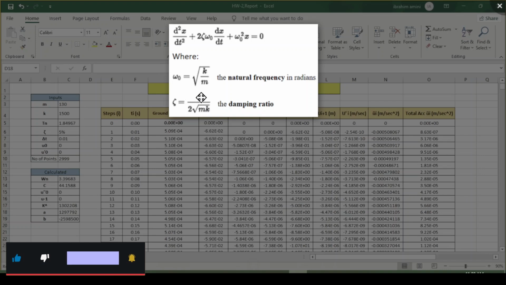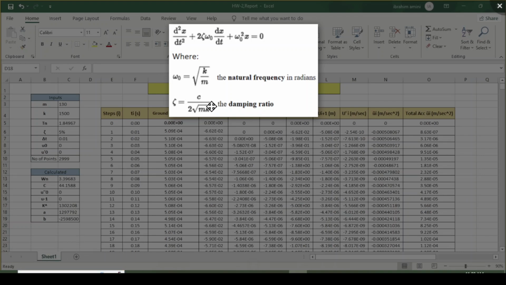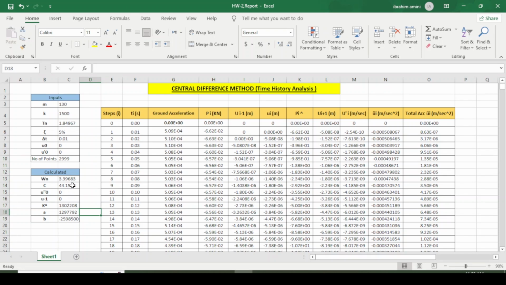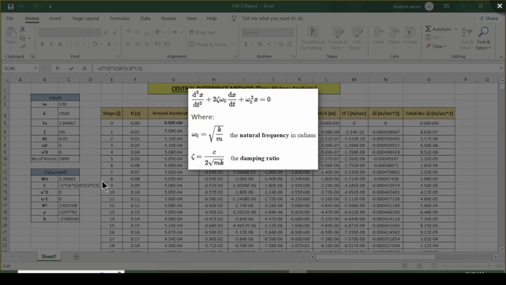So from this formula we will calculate the damping constant C, by putting in all the given values. This is the damping constant which I have calculated by following this formula.